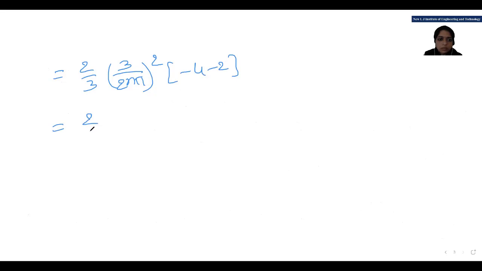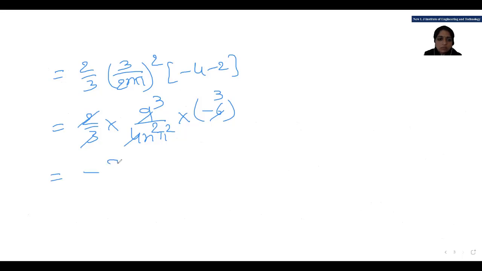So here 2 by 3, here 9, 4 and square pi square, and this one is minus 6. So 3 3s are 9, right? And here 3 and 2 will be cancelled. So my final answer is minus 9 upon n square pi square. This is the value of an.